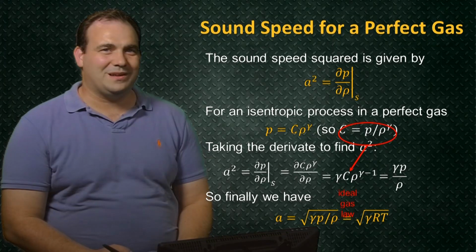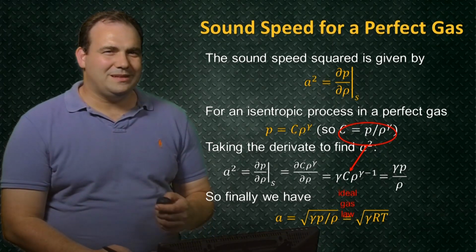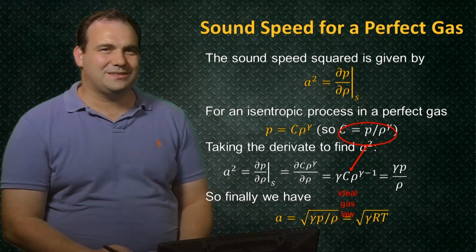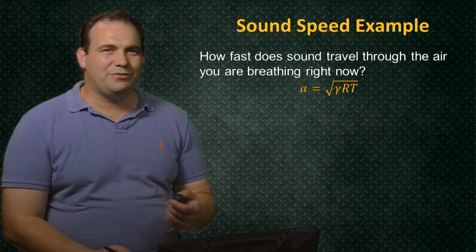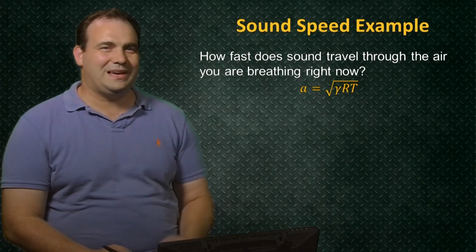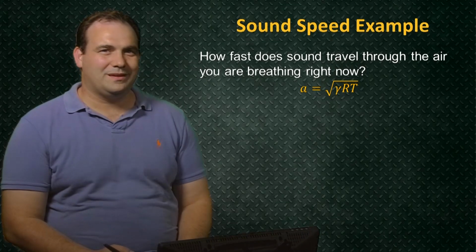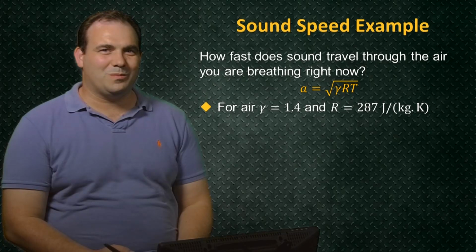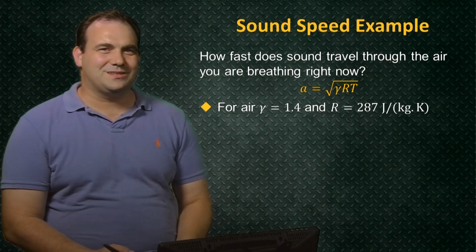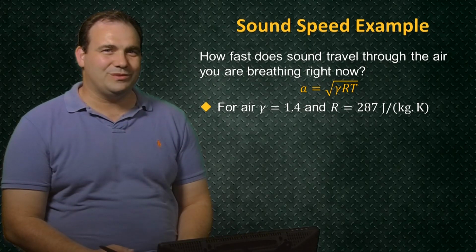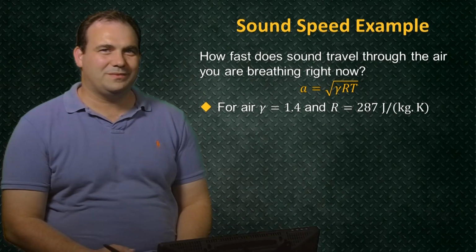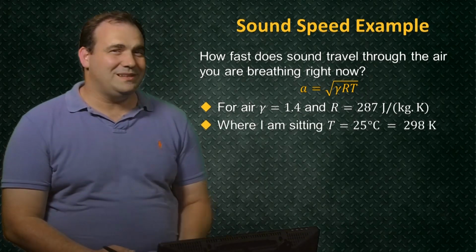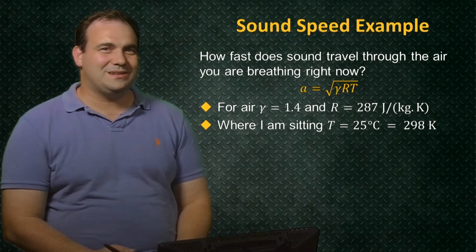Let's use this expression to answer the question: how fast does sound travel through the air that you're breathing right now? Well, for air, the ratio of specific heats gamma is 1.4, and the gas constant R is 287 joules per kilogram Kelvin. In the room where I'm sitting, the temperature is 25 degrees Celsius or 298 Kelvin.